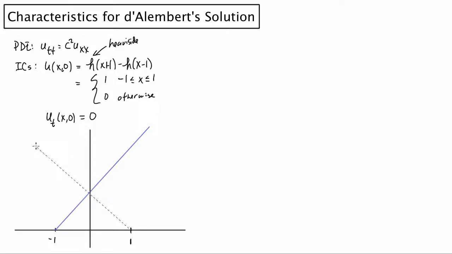It's got slope -1/c. So try to draw that as close to perpendicular as I can. Okay, so there's those two characteristics. And I want to look at the characteristics in both directions. So I need another set of characteristic lines here that have to be parallel. So these need to be parallel to the others. And I think that's pretty close. Over here we need parallel as well.